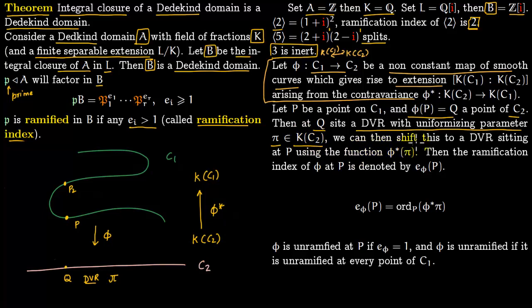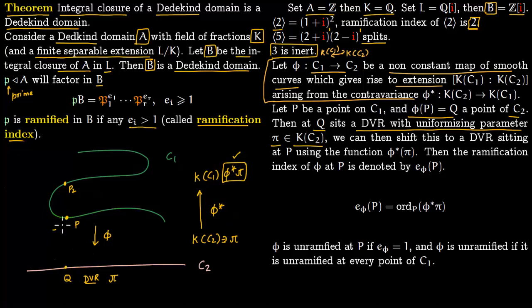Now you can shift this pi. This pi lives here. You can apply phi star to it, and you can shift it here. So this becomes phi star of pi. Now you can talk about what is the order of this function on the discrete valuation ring sitting here.